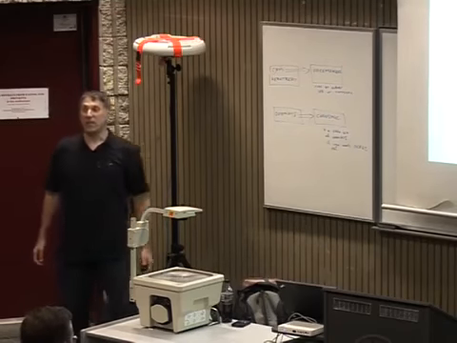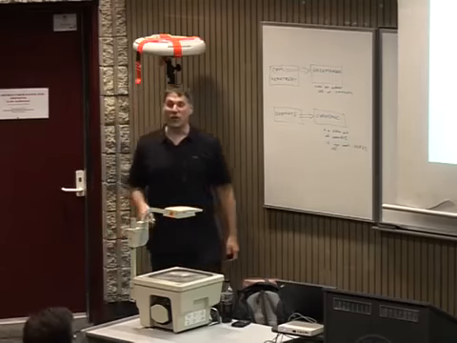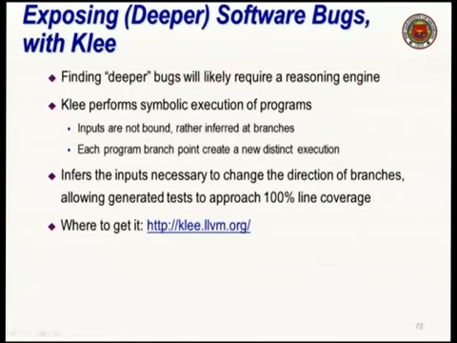Now, if you want to get deeper bugs, you need a more powerful fuzzing tool. And a great one to take a look at is Klee. There's a commercial version, non-open source, sold by a company called Coverity, if you've heard of them. But essentially what this tool does is it looks for deeper bugs by taking fuzzed inputs, so it's generating fuzzed inputs, and then looking at your code coverage.